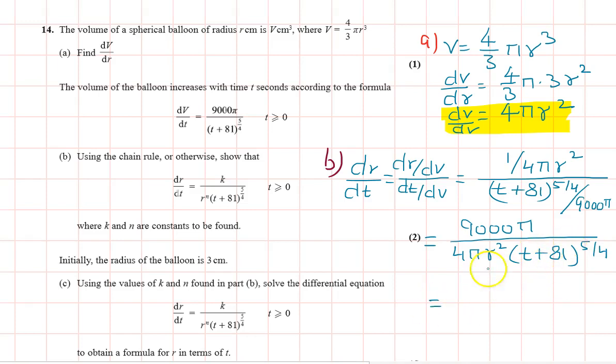So we cancel pi by pi. 9000 divided by 4 is 2250 over r square, t plus 81 to the power 5 over 4.